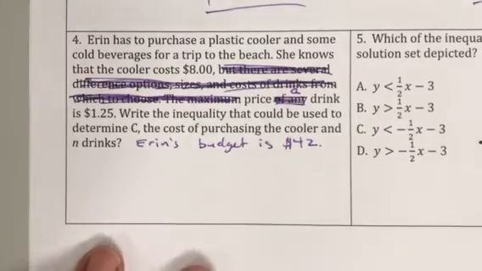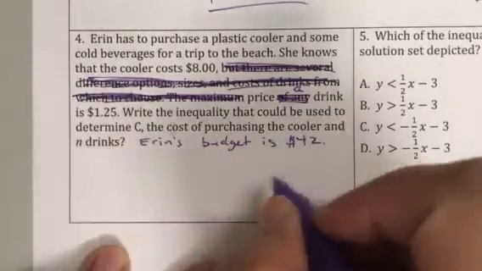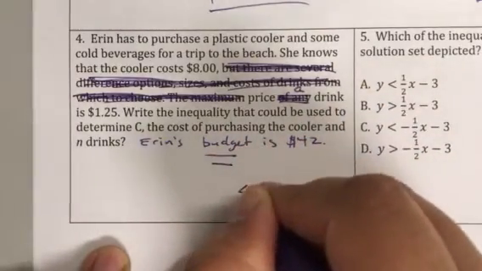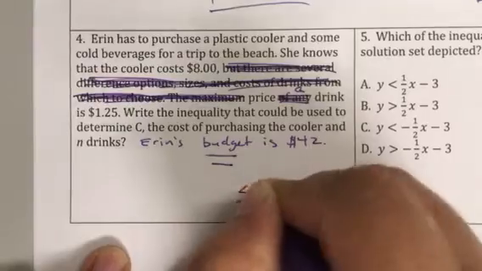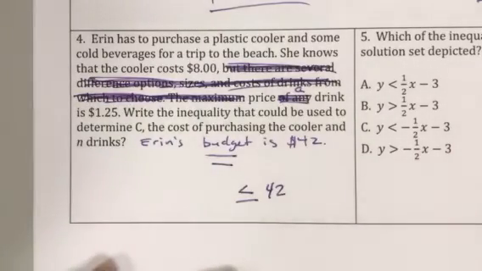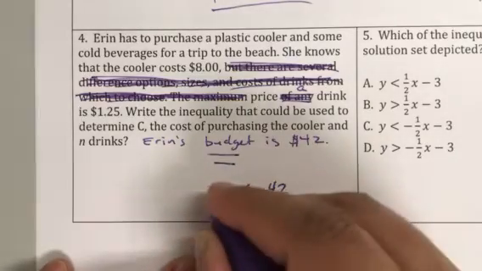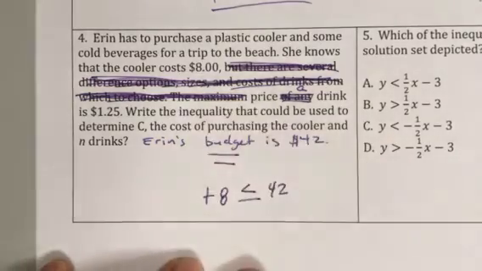On this one, I know that my budget cannot be more than $42. So that's a less than or equal to. I also know that I'm going to buy a cooler. That's $8.